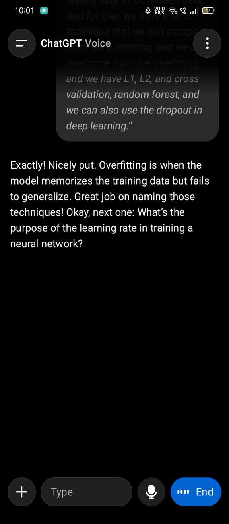Okay, next one. What's the purpose of the learning rate in training a neural network? Learning rate decides how we go downward in the optimizer, so we can reach the global minima.